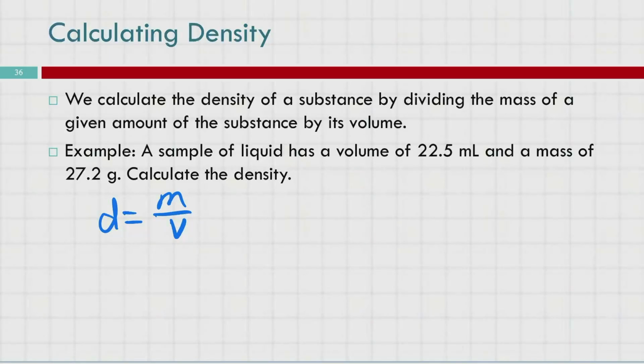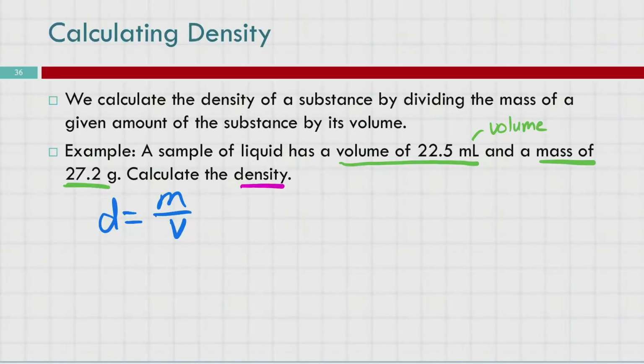In this example, we want to calculate a density for a liquid that has a volume of 22.5 milliliters, one of our common volume units, and it also has a mass of 27.2 grams. We want to calculate the density. We've got a formula for that.